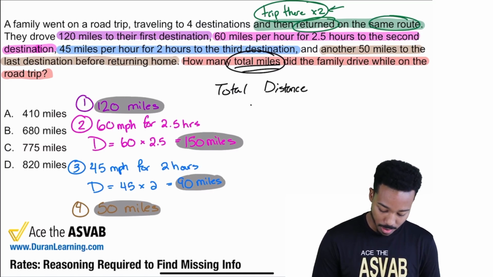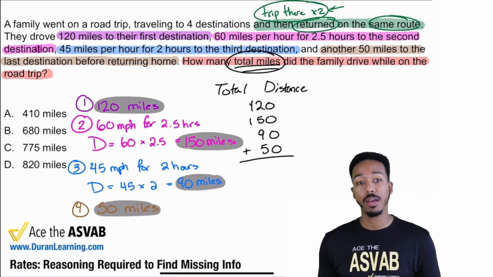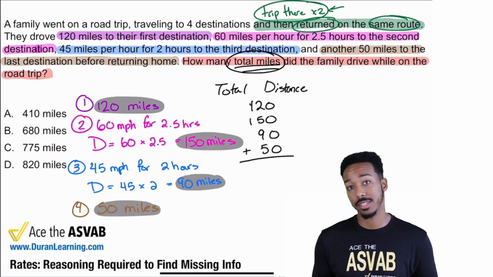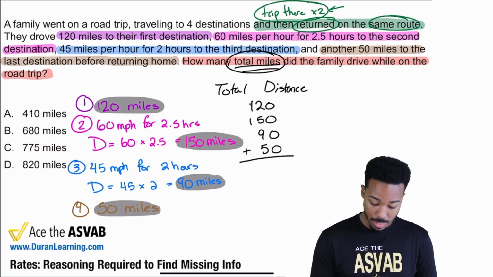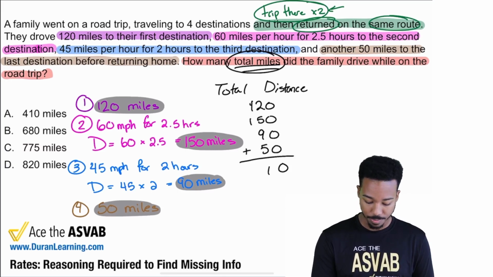So we're going to have 120 plus 150 plus 90 plus 50. You can use mental math to add this all up, or you can solve it as I put it out here. Either way. The zeros together make 0. Then add up 2 plus 5 plus 9 plus 5, which gives us 21. And that would be 410.